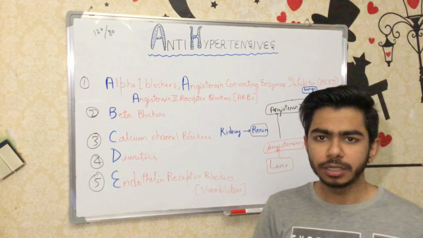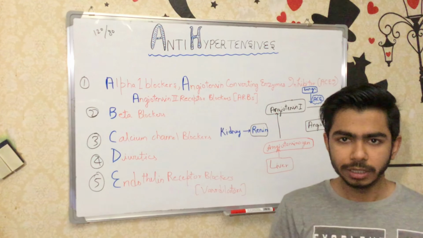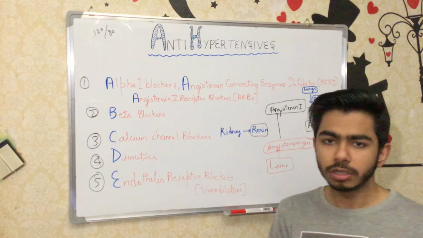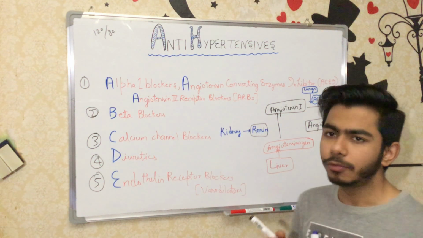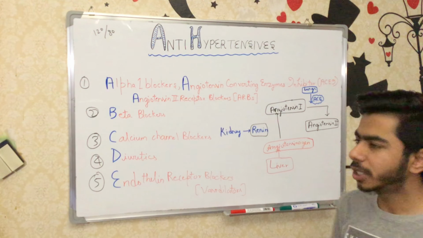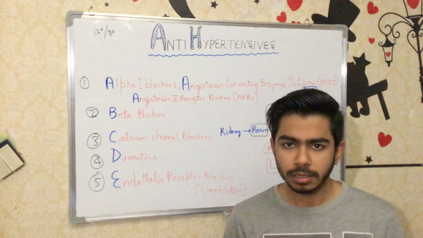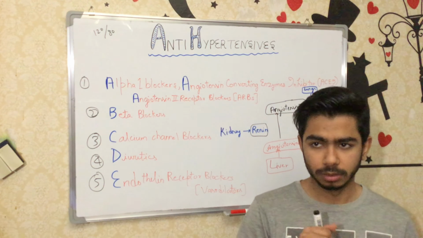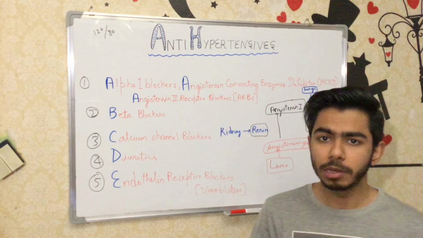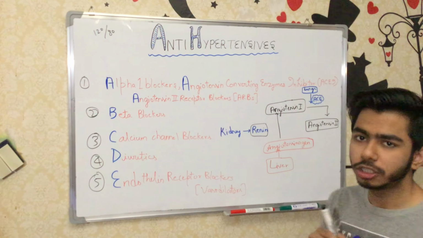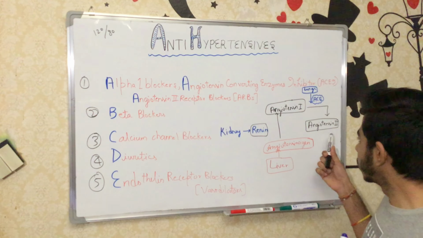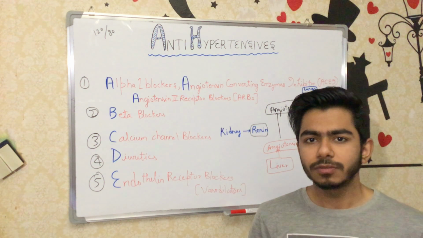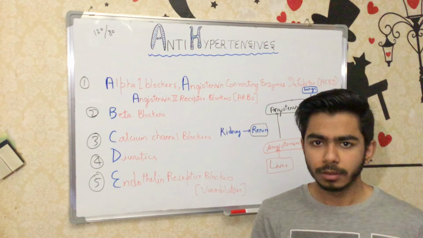Angiotensin 2 receptors are present all over our body. They are present in arteriolar smooth muscle, venules, and veins. Okay, they are also present in the adrenal cortex. The adrenal gland is present over the kidney. There in the adrenal cortex, in the zona glomerulosa, we have the receptors for angiotensin 2, which bind those receptors and start releasing aldosterone.